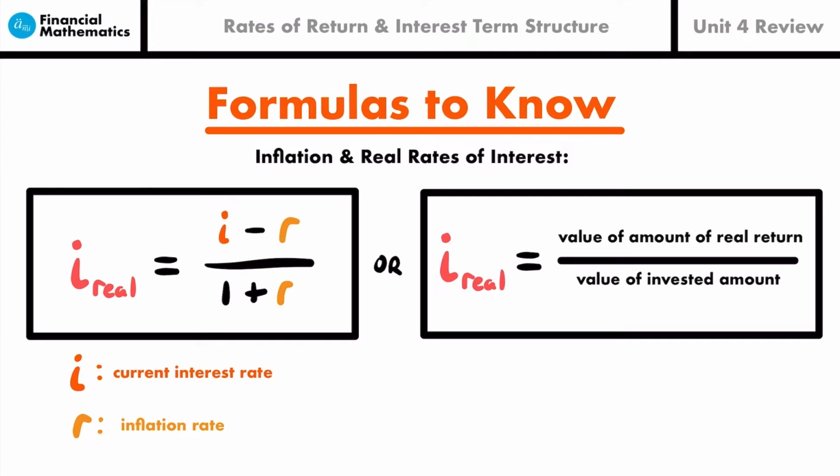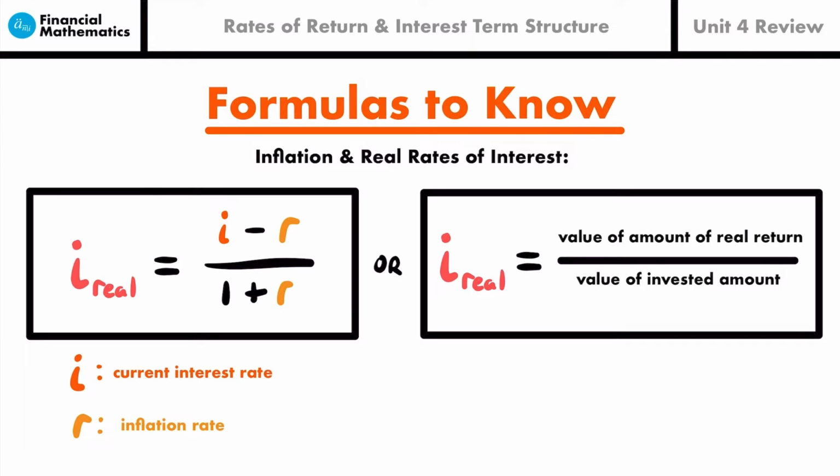Or an alternative way of calculating a real rate of interest, if you were given the right information, is to take the value of the amount of real return and divide it by the value of the amount invested. All right, so really what's going on here is in the numerator, you have your increase or decrease in purchasing power due to the inflation rate and divide it by the amount of your original investment where you take inflation into account.